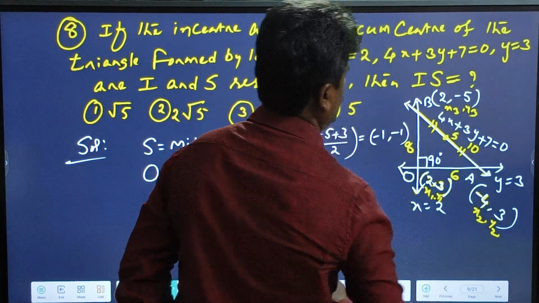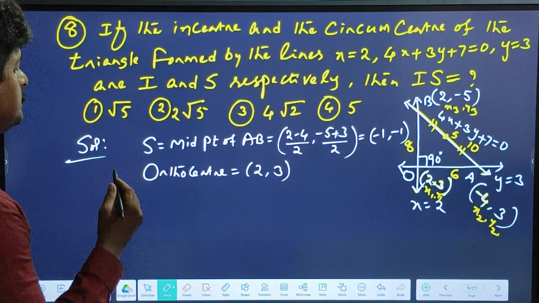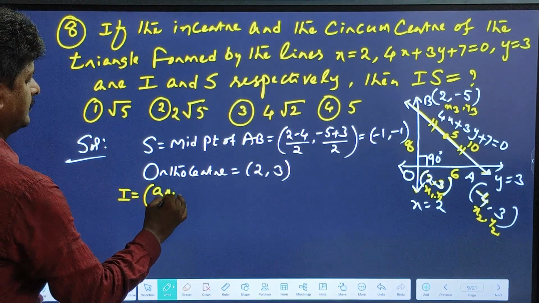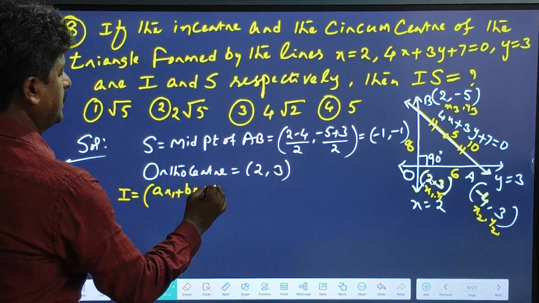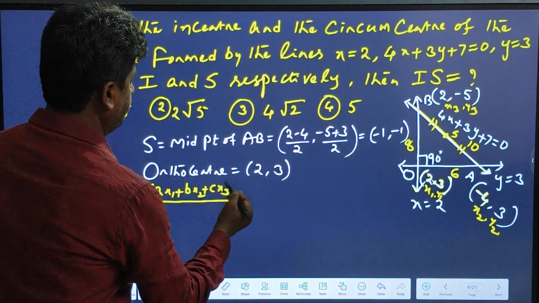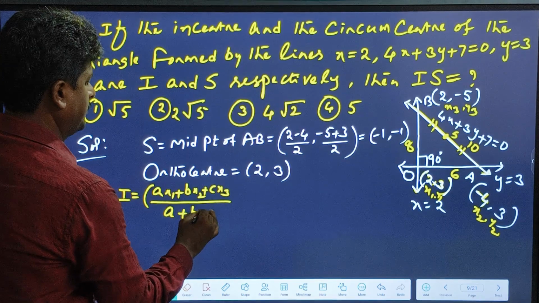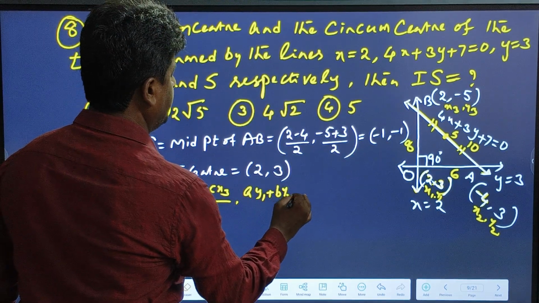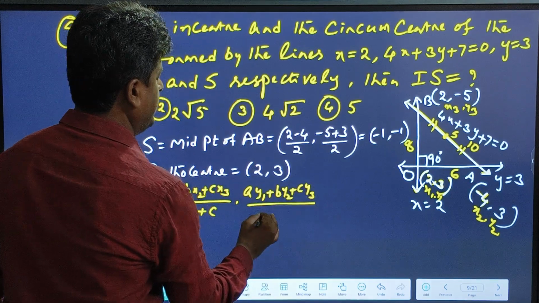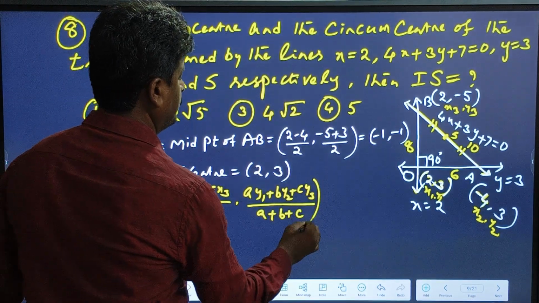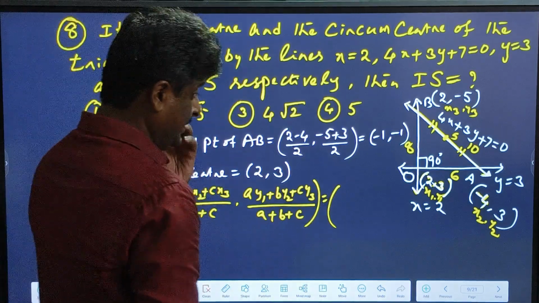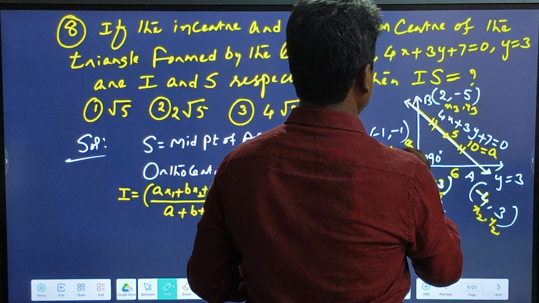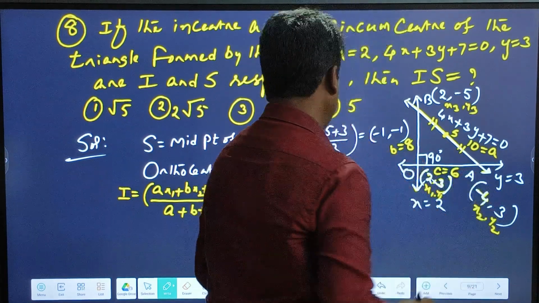This is 10. Okay. Do observe that the incenter formula is (ax1 + bx2 + cx3)/(a + b + c), (ay1 + by2 + cy3)/(a + b + c). So consider this is small a, this is small b, this is small c.